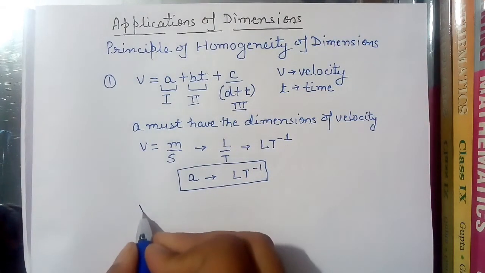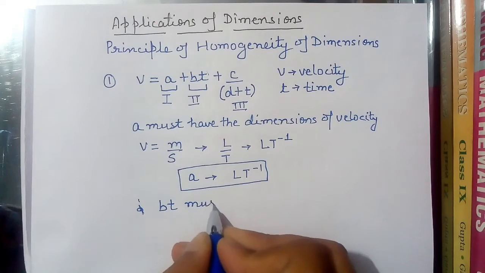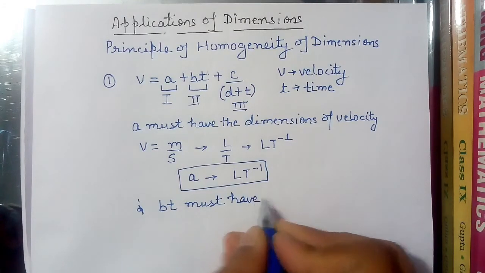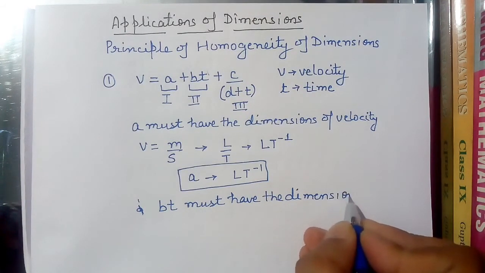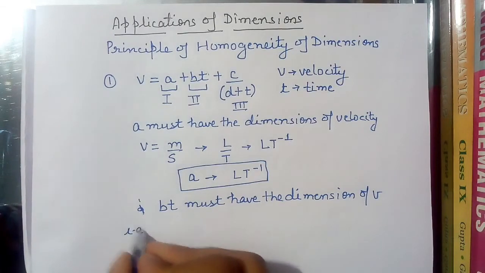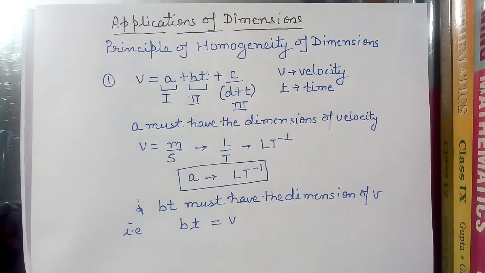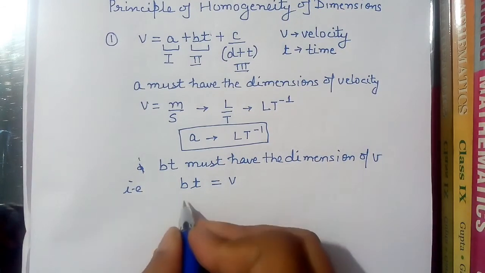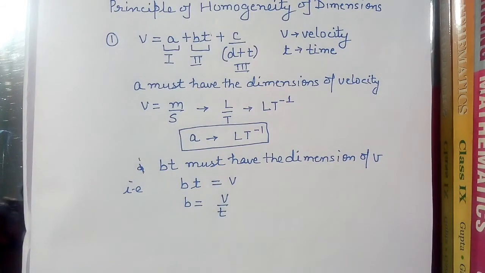That means BT must have the dimensions of V. That is, we can write B multiplied by T is equal to V, or we can write B is equal to V upon T. As we have to find the dimensions of B, we have separated B in terms of the rest of the physical quantities.